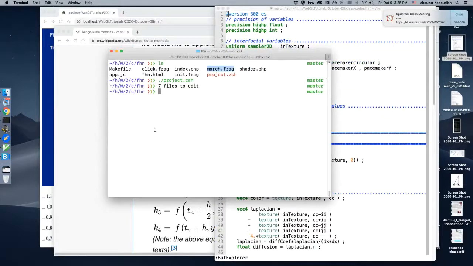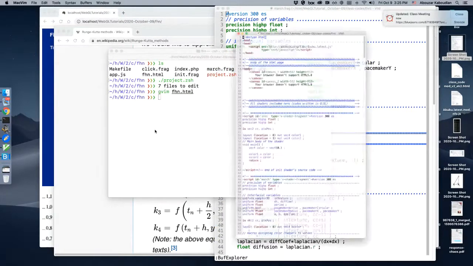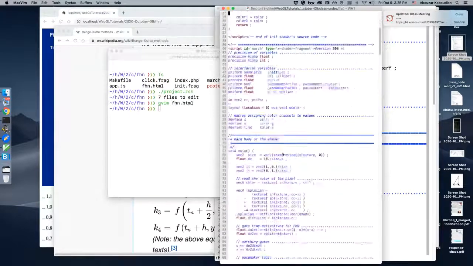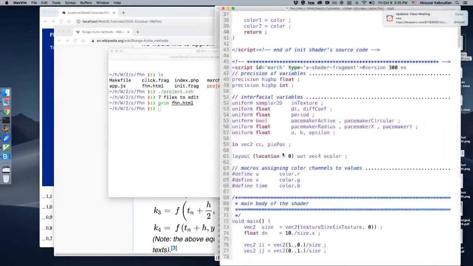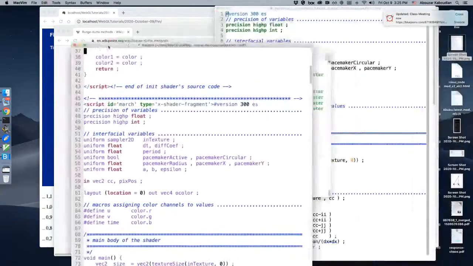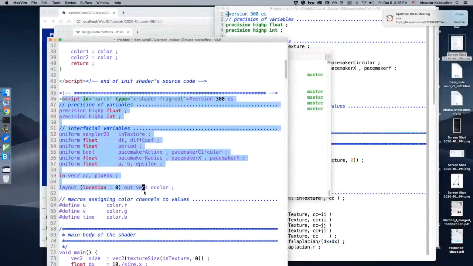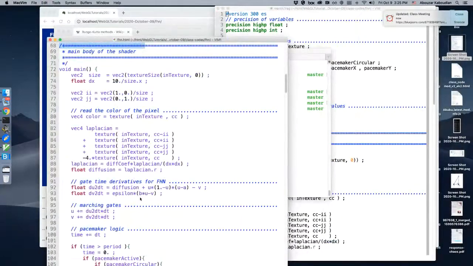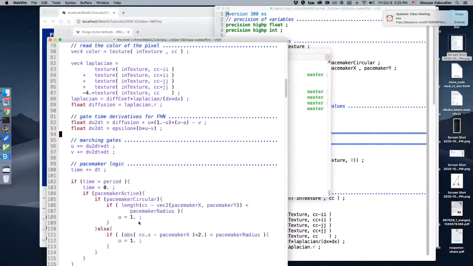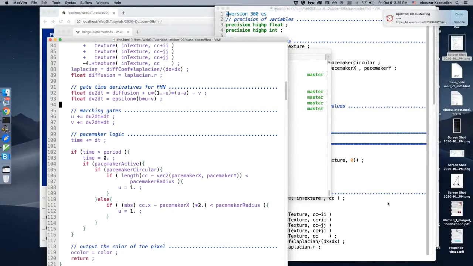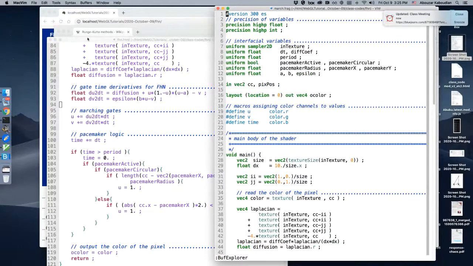For those of you who are working with the single file version, all you have to do is pay attention to this march script section. That content is basically here. The only difference is that I will be able to have some code highlighting here.